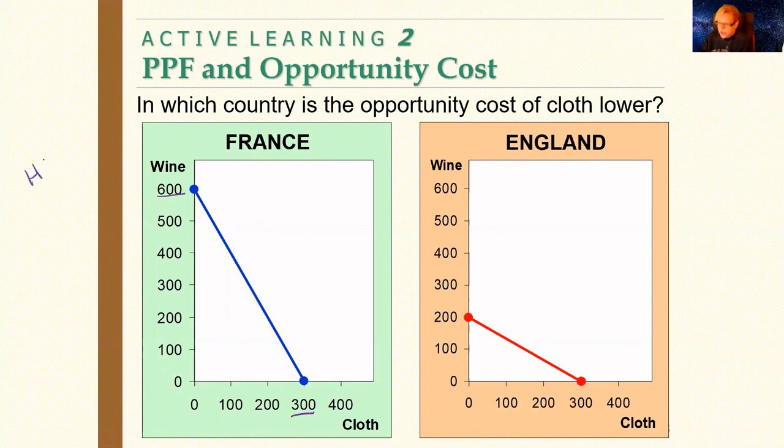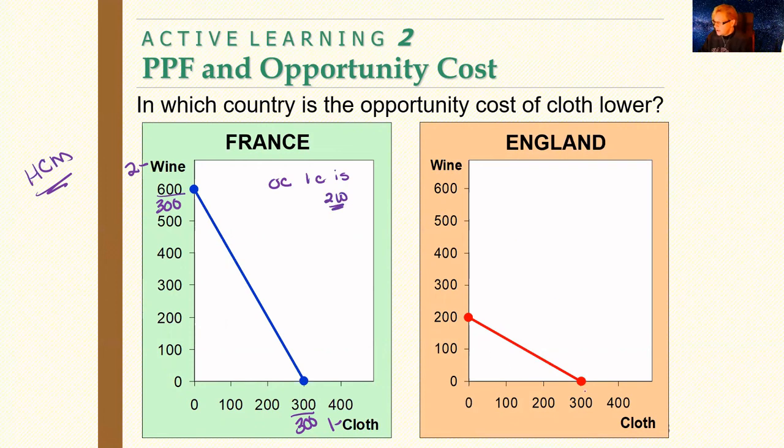The highest common multiple that goes into 300 and 600 evenly is 300. So I have a 1 cloth to 2 wine ratio. So in France, the opportunity cost of 1 cloth is 2 wine. That's what we give up.